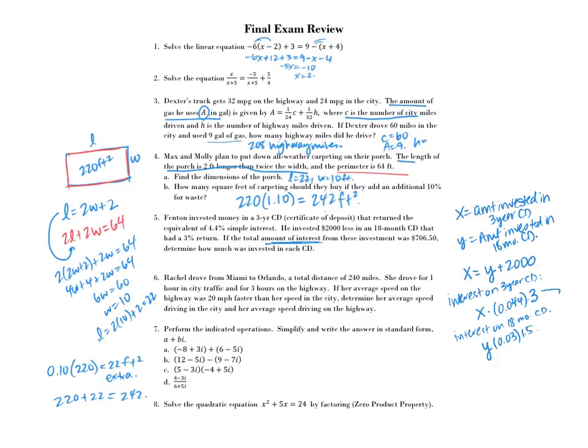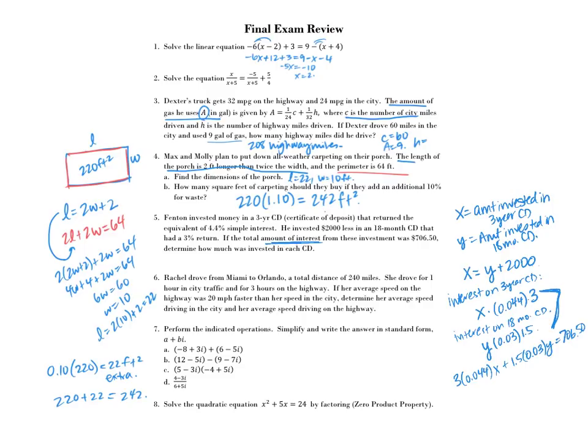And so if I add those two together, I should get my total amount of interest was 706.50. So let's add that up. So 3 times 0.044 times x plus 1.5 times 0.03 times y equals 706.50.